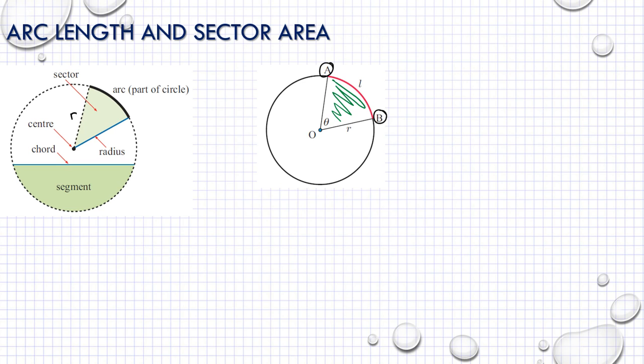For example, for a whole circle, the circumference is 2 pi r.